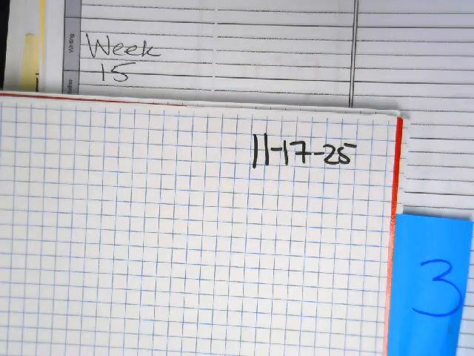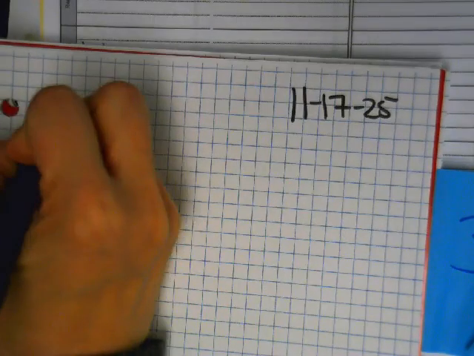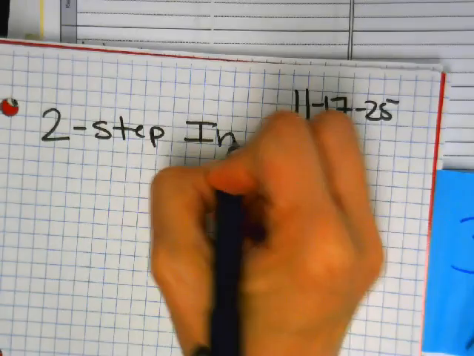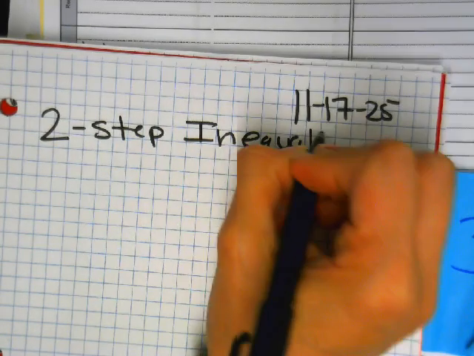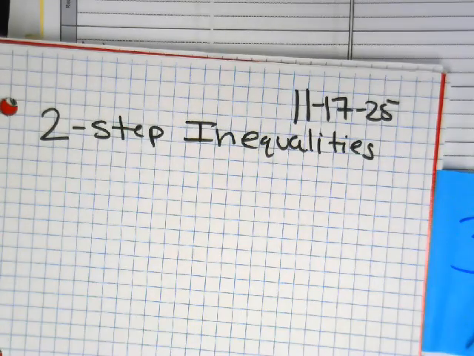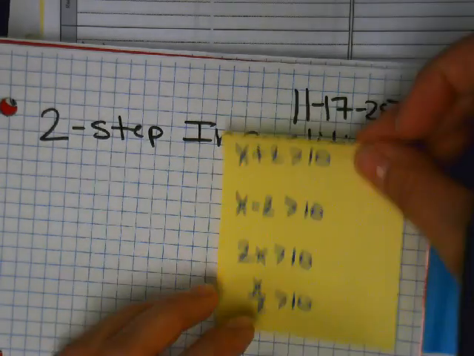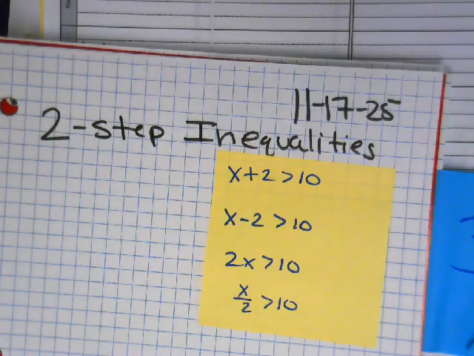All right. Two-step inequalities. So it's going to take 2 steps to solve it. Last week, we did problems that looked like this, right?